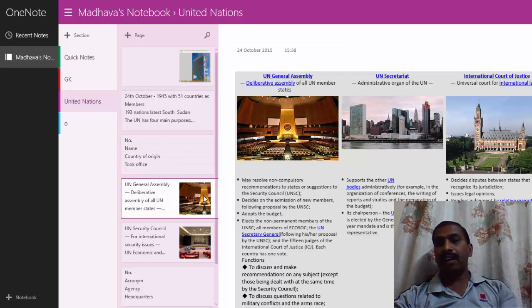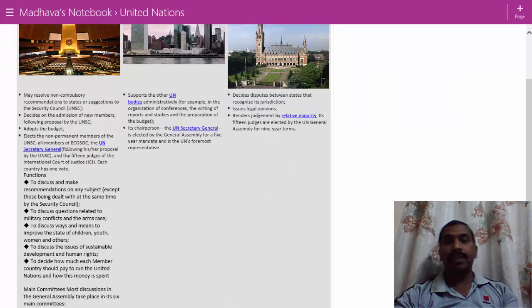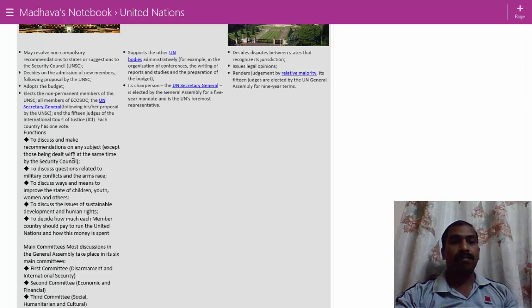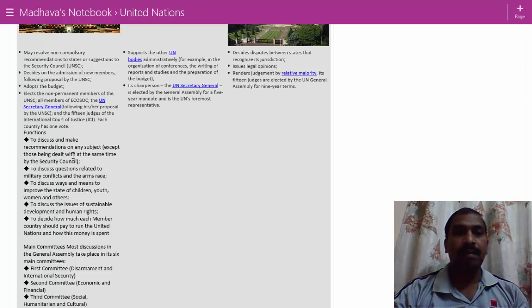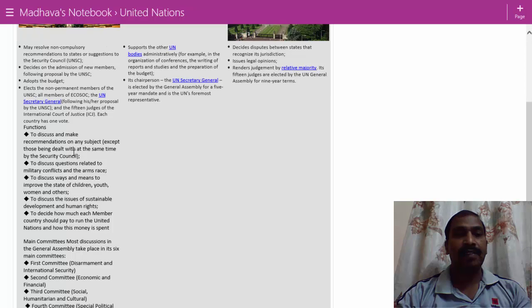So these are the six organs of the United Nations. First one is the General Assembly. The General Assembly represents all members; they meet together and discuss various issues.